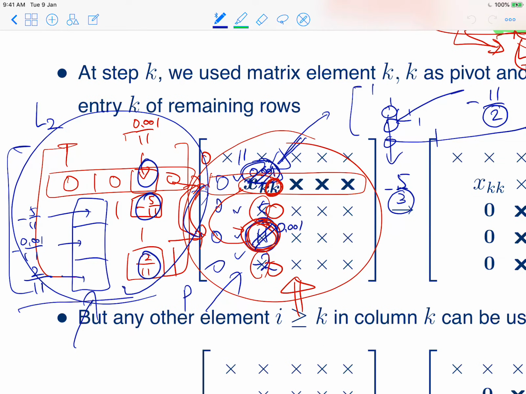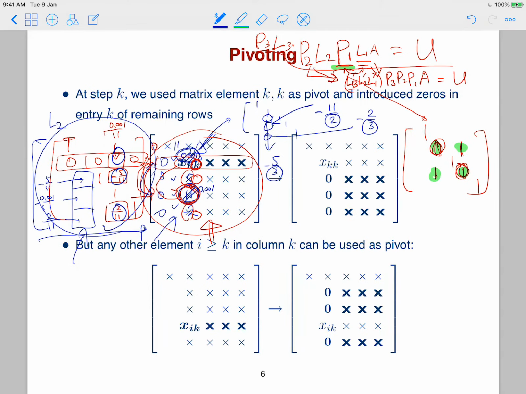Once applying this L2, suppose our intermediate lower upper triangular matrix is like this, and because it's an L2 and one, we introduce the 0 over here.